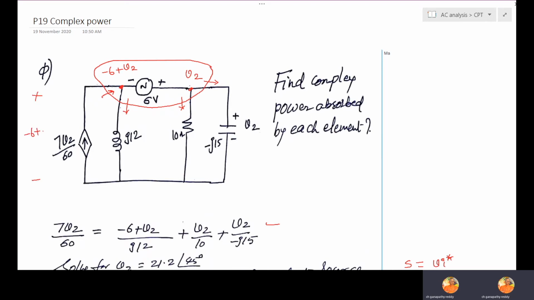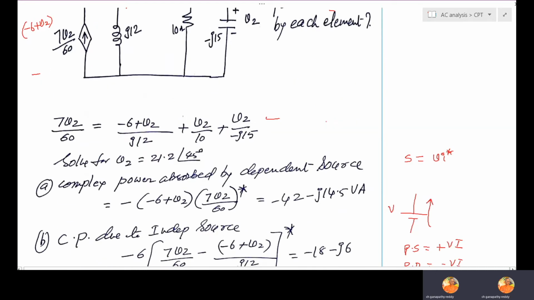Minus 6 plus V2. And current flows from negative to positive, which means the source is supplying power. But the question asks absorbed, therefore minus V I star, where 7V2 by 60 is I star. Substitute V2, simplify, and you will get this.